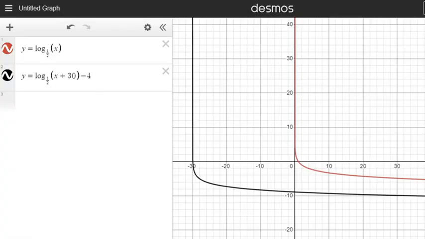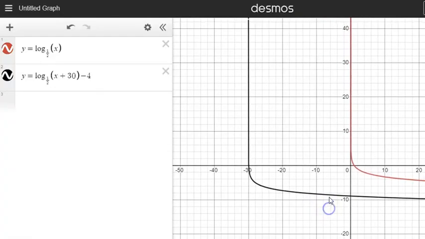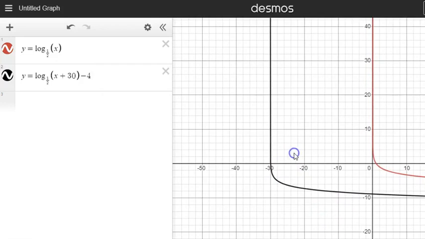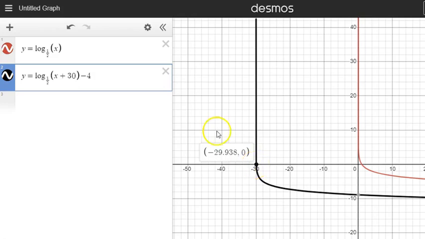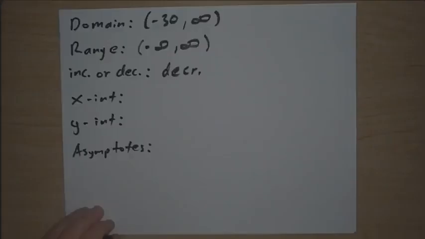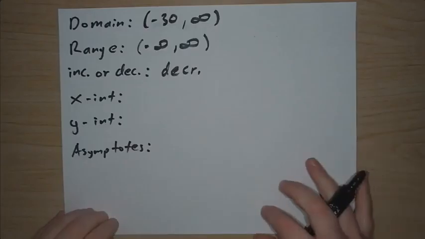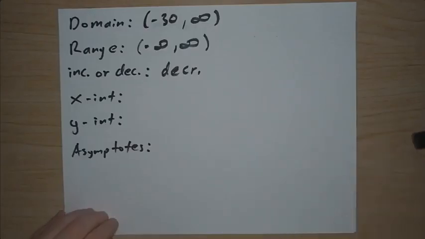We're going to look at x and y intercepts. We do have x and y intercepts. So for our x-intercept, we have this value right here at negative 29.9380. And for our y-intercept, we have 0, negative 8.907. We can solve for those algebraically, and I will as soon as we look at our last item on the list here, which is asymptotes.